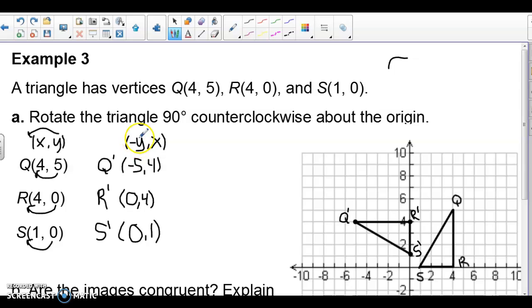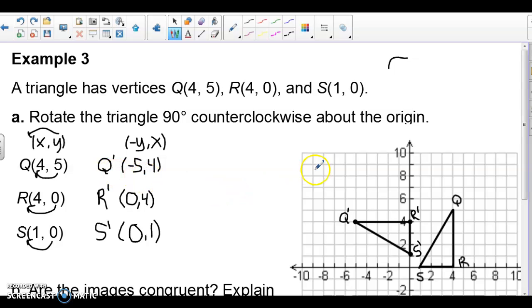This opposite of y is in the x position, so it's your new x value. The original y value goes first, it becomes the opposite, and that's your new x value. And this is your new y value. I know it looks a little bit confusing, but that's the trick to getting the values without turning the graph every single time and writing down new coordinates.